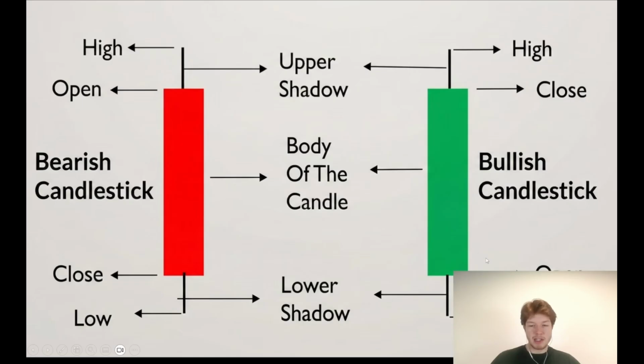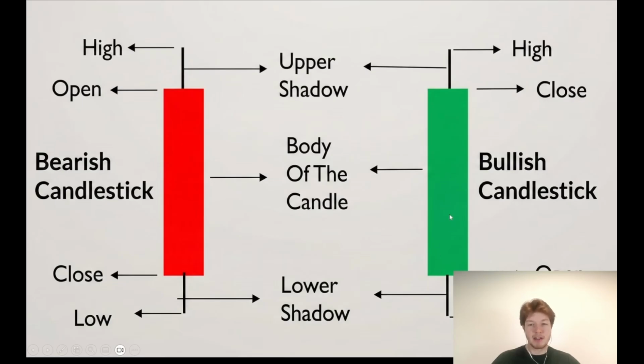So for example, let's start on the green one. We can see that the open is here. On the green candle, the open is always the lowest part of the body, so the lowest part of the thick part of the candlestick. And because the close is higher than the open, price increased and the candle is green.